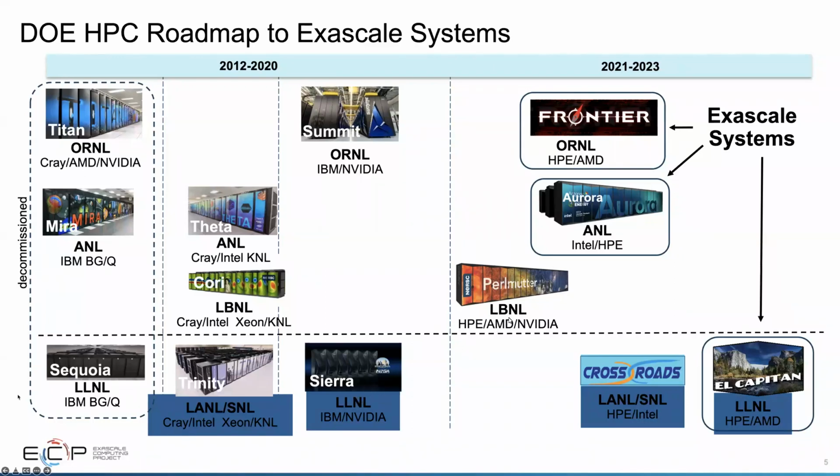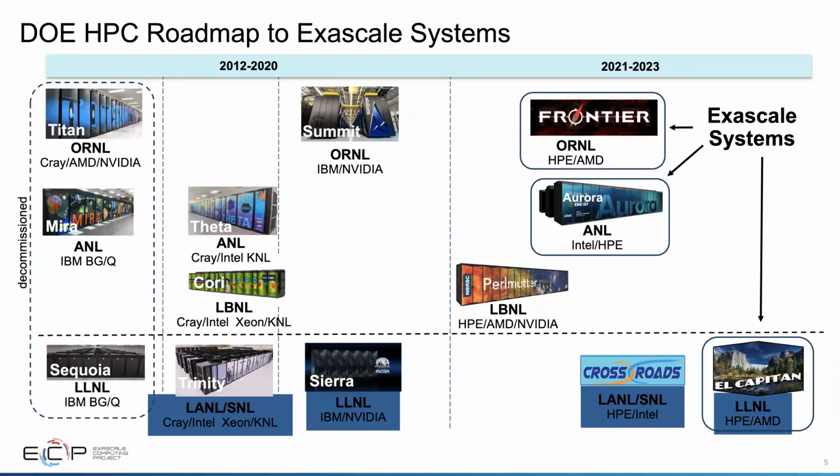Now, going into the 2021 to 23 timeframe, we have already deployed the Perlmutter system at Lawrence Berkeley National Laboratory in Berkeley, California. And at NERSC, this system has A100 GPUs from NVIDIA, and it's an HPE Cray system.